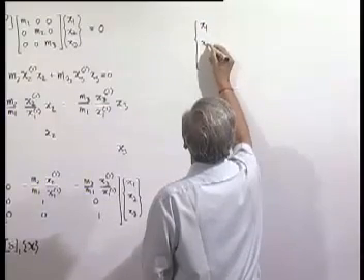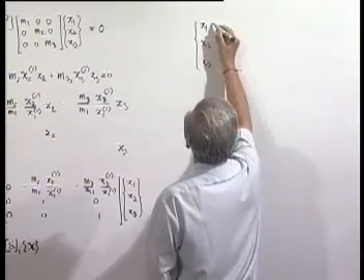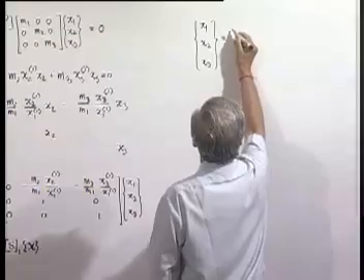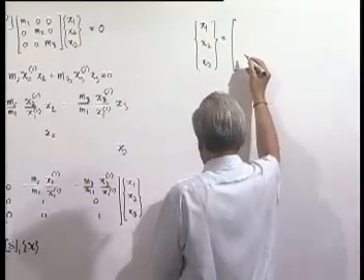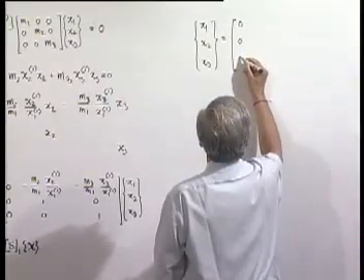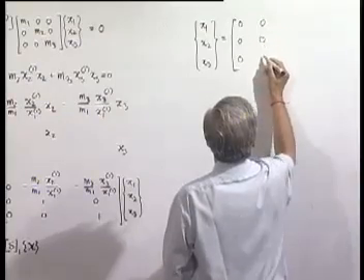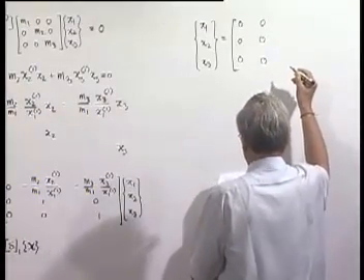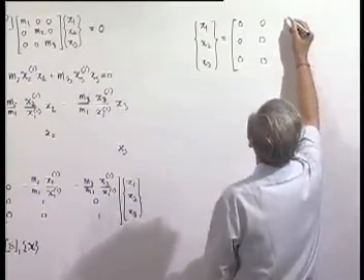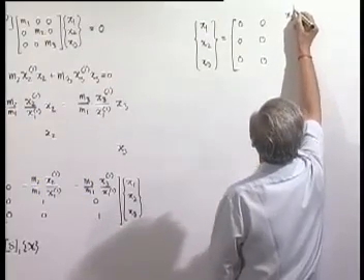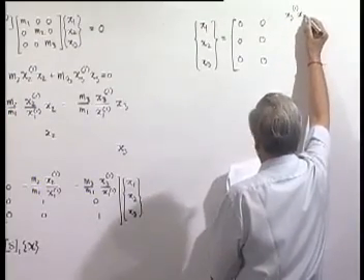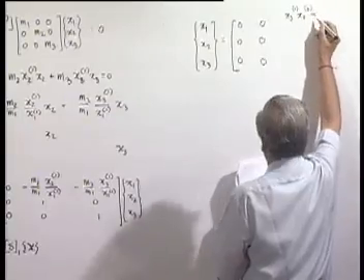X1, X2, X3 is equal to 0, 0, 0, 0, 0, 0 and X31, X22 minus.